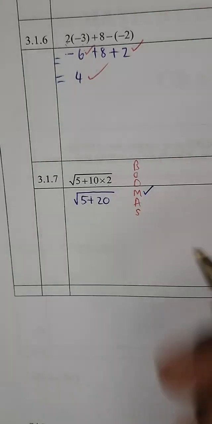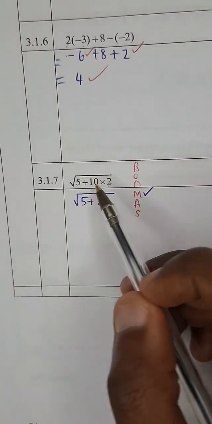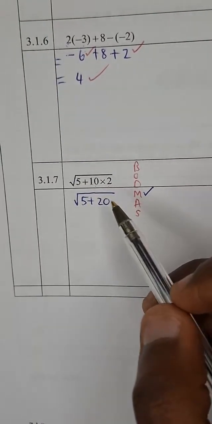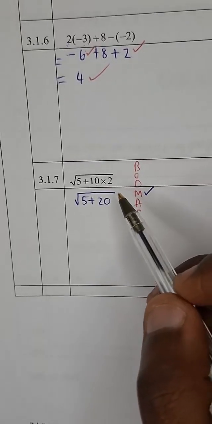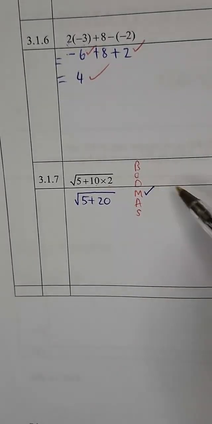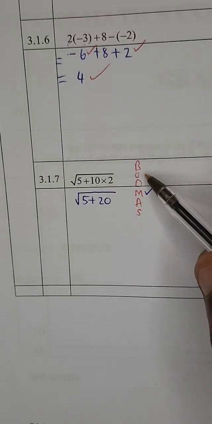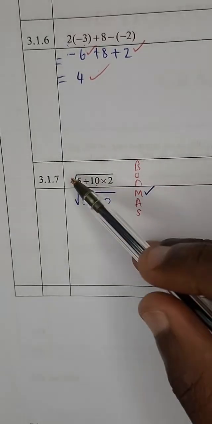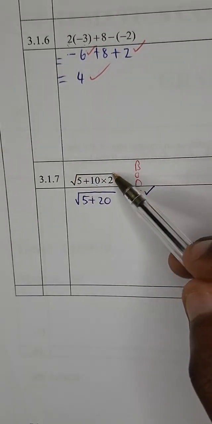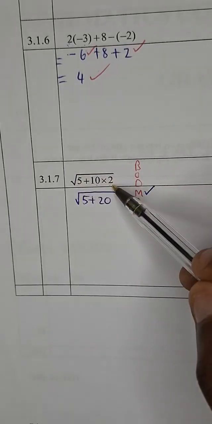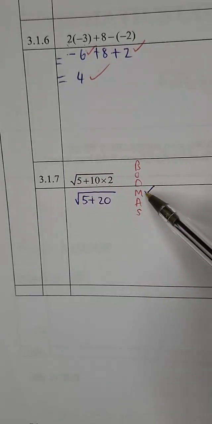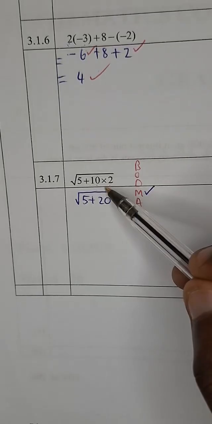Okay? Follow the order. So I'm not going to say 5 plus 10 is 15, 15 times 2 is 30. That's nonsense. I'm not following the rule of BODMAS. BODMAS says brackets. Okay, there's none. O means roots. So basically the root is there, but we focus on what is inside. D, no division. M, yes, there's multiplication.